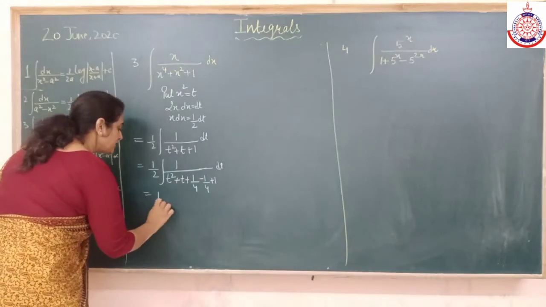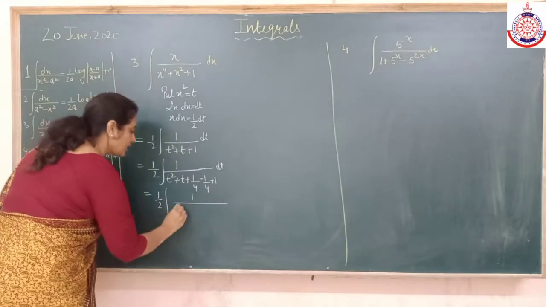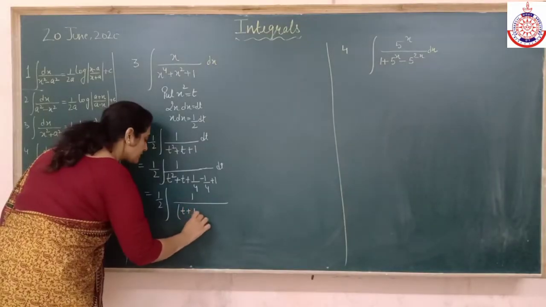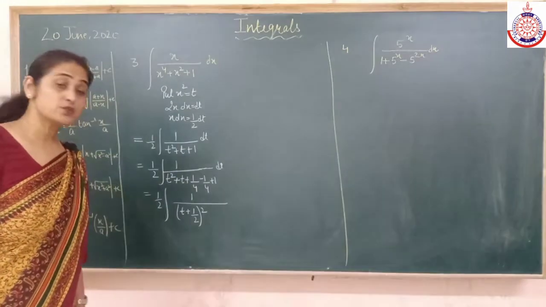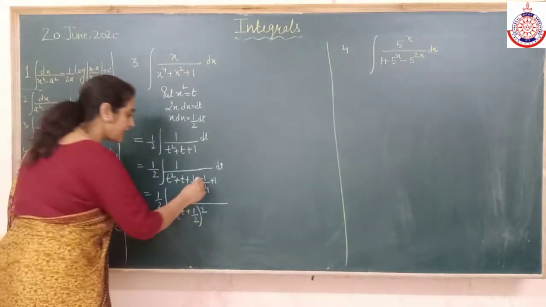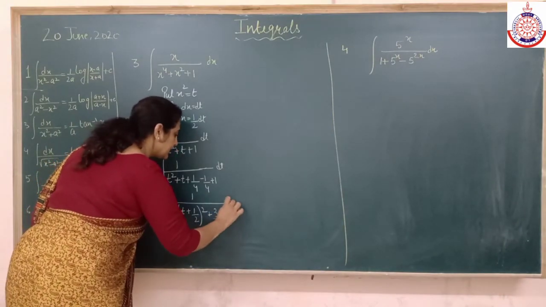The first 3 terms will always give me the square of t plus 1 by 2 whole square, and this is minus 3 by 4, sorry, plus 3 by 4. Clear?